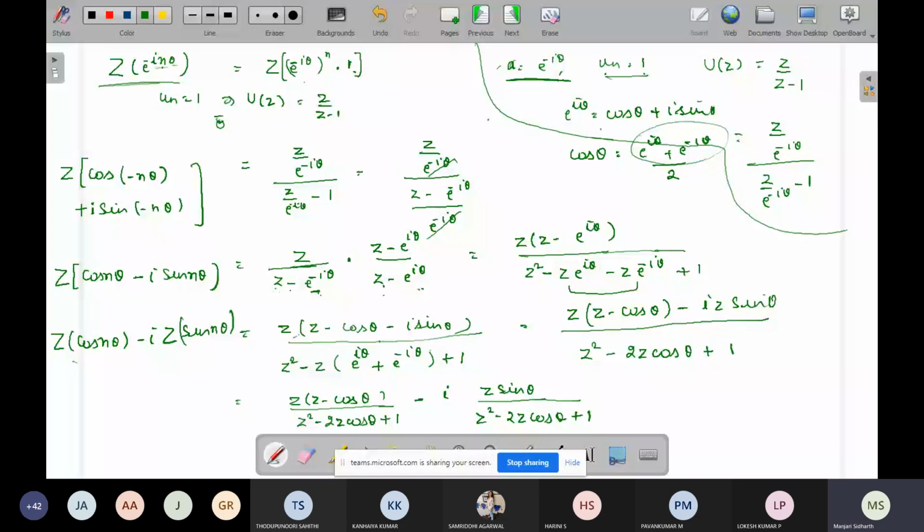Now comparing the real and imaginary parts. The real part is: Z transform of cos n theta is equal to this real part.